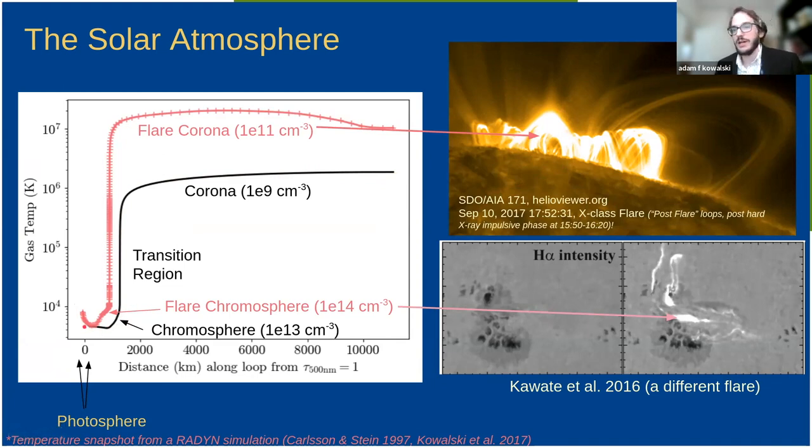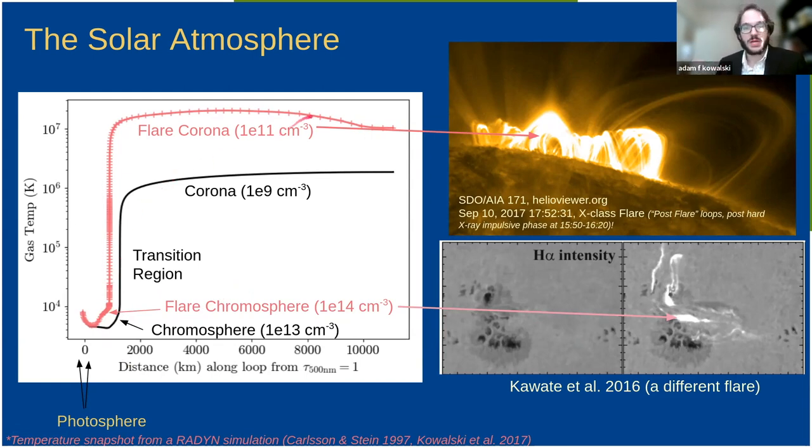During the flare, almost everything becomes a lot hotter and a lot denser. So the flare corona can reach temperatures of tens of millions of degrees, and the flare transition region moves to a deeper region of the atmosphere, a denser region, lower altitude. The chromosphere becomes hotter and denser and shifts towards the solar surface as well.